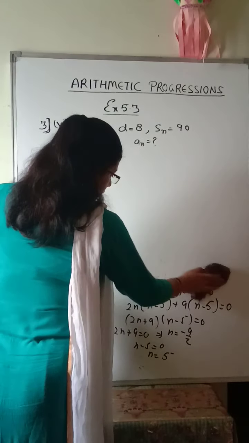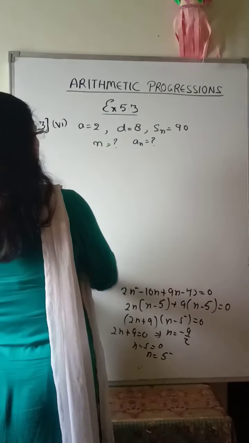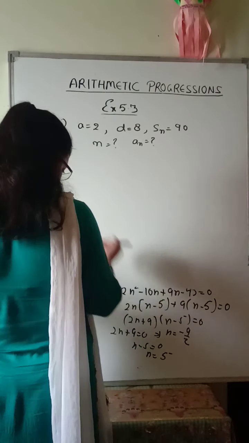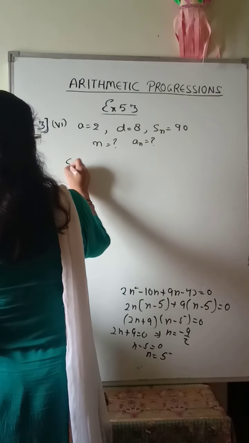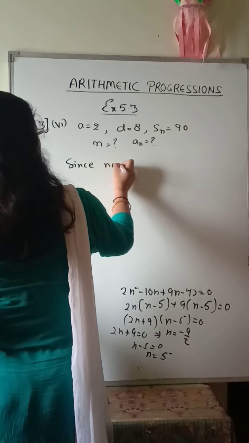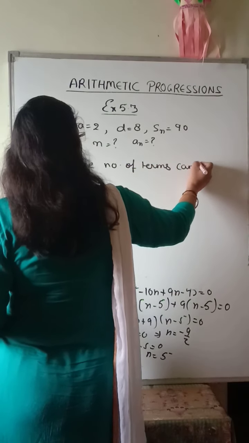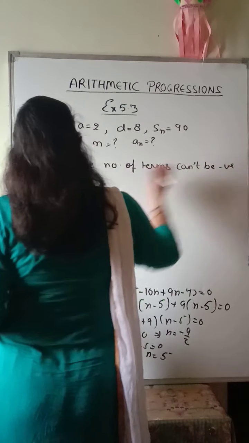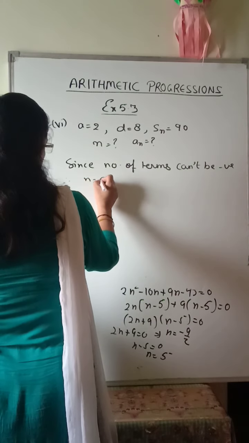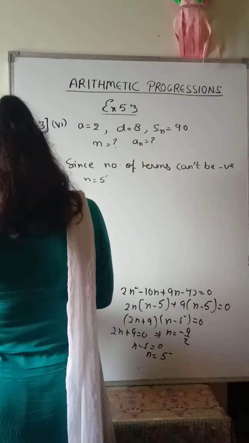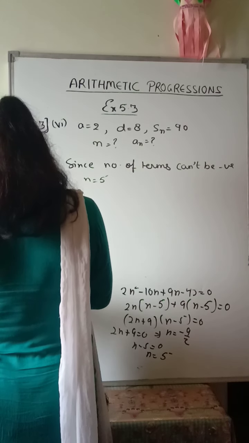So now we will find the value of nth term. Since number of terms cannot be negative, therefore n equals 5. Now we will write the value of nth term.